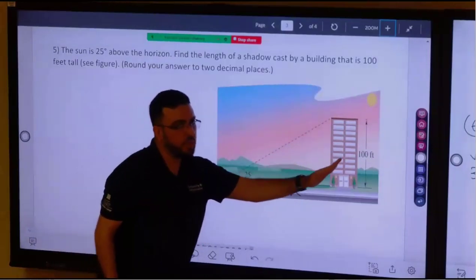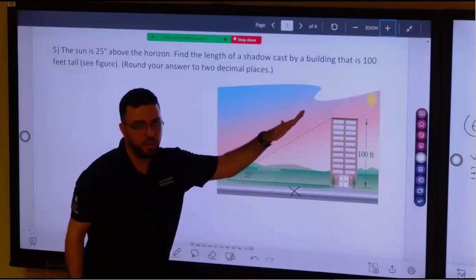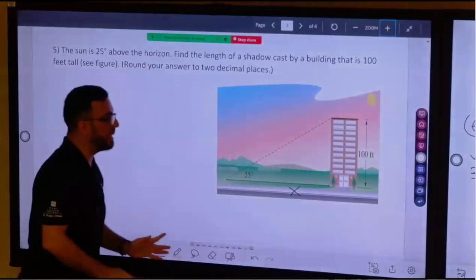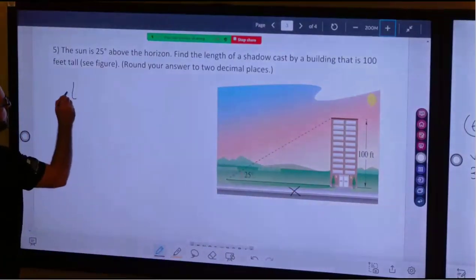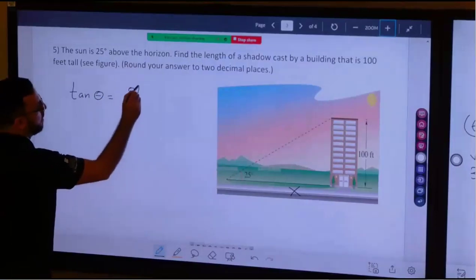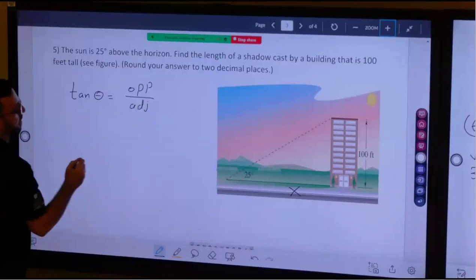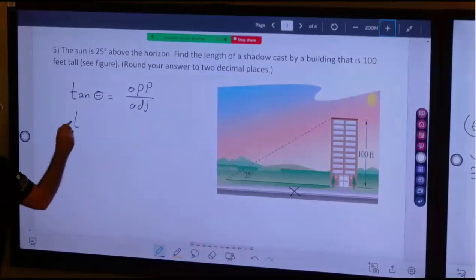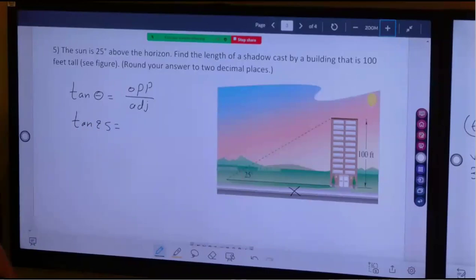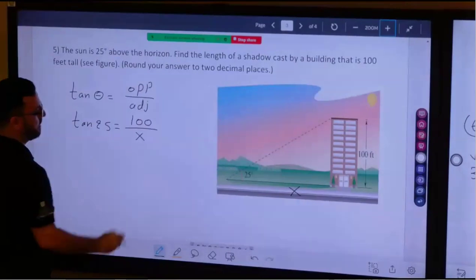For sine and cosine, you need the hypotenuse, and we're missing that side. So I'm going to say tangent theta equals the opposite over the adjacent. Now, theta is 25, that means tangent of 25 equals the opposite side, 100, over X.